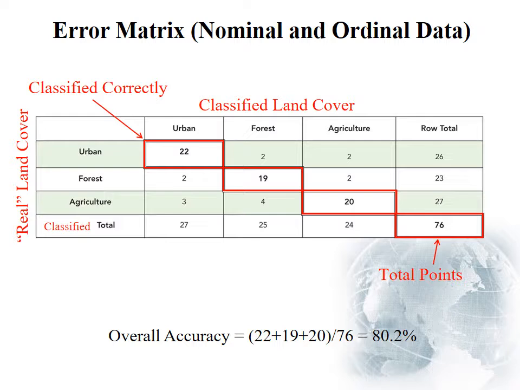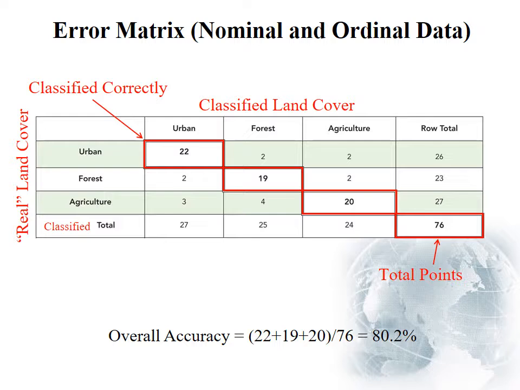But for now, what we look at across the matrix is where each row and column meet the same land cover type. That's the number that were classified correctly. And so we add those together, divide by the total number of locations, and it gives us the overall accuracy of the image.